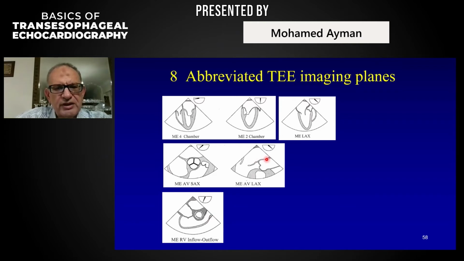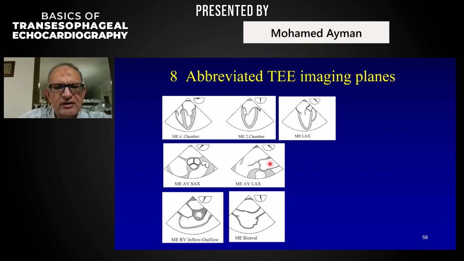So the one at 120, more or less the same angle, clockwise rotation again, you are going to have the bicaval view, almost the same angle. Bicaval means superior vena cava, inferior vena cava. Then this is the left atrium close to the probe, interatrial septum.